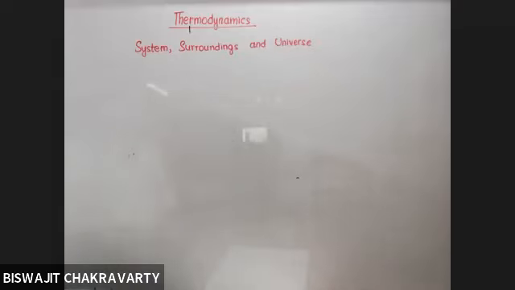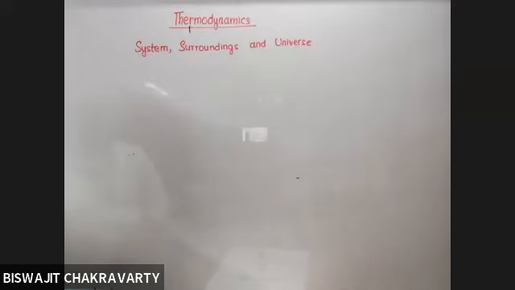When we talk about the study of anything, suppose we are observing a cup of tea. The heat is coming out of the tea. We are observing the cup of tea. So that particular cup of tea will be the system for us. That means out of the total part of the universe, that part of the universe which is under experimental study, which is under observation, will be referred to as a system.